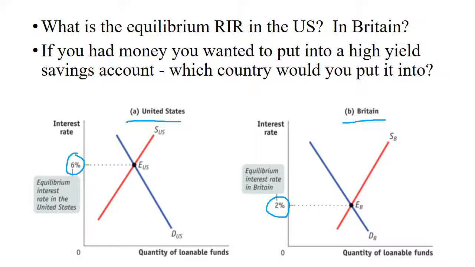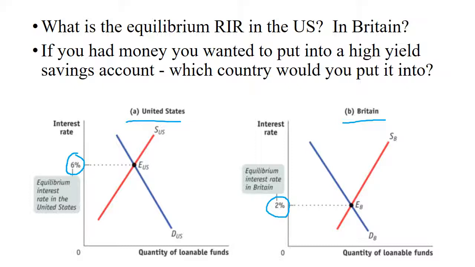Now, if you are thinking about capital inflows, that means you are a saver. And I can decide where I want to save my money, what country I want to save my money in, what bank, what type of account. I have lots of choices. So if I am a saver, am I earning interest or am I paying interest? Savers earn interest.